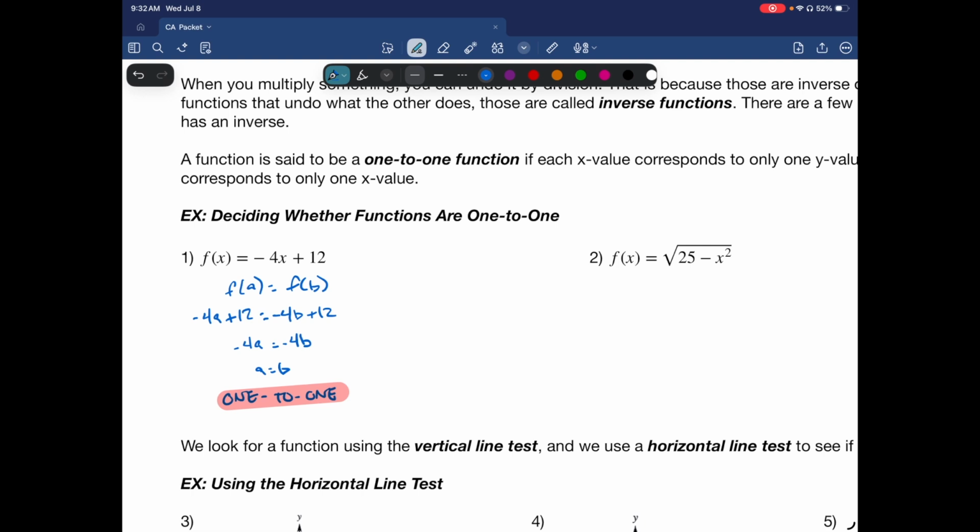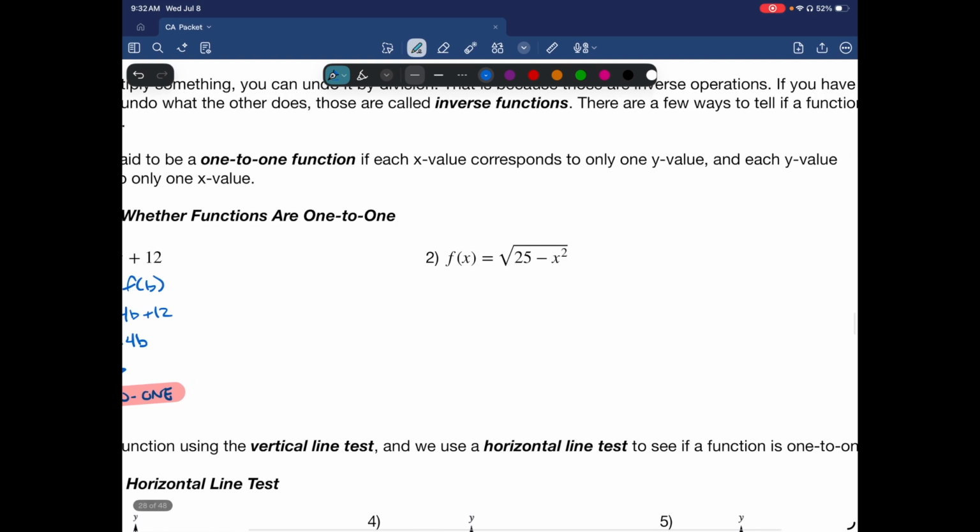Another way to think about this: what times what gives 25 minus x squared? What squared is 25? Both 5 and negative 5. We did a version of this on number 1, but now we're going to use real numbers.